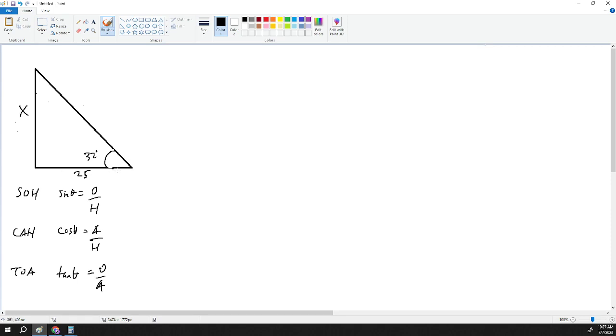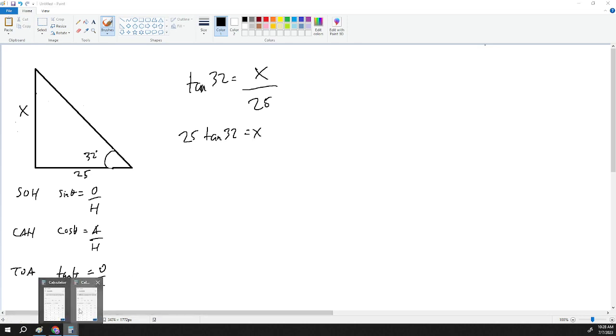So, we use tangent. So, the tangent of 32 is equal to TOA, x, our opposite, over 25, our adjacent. So, we leave x in one side by multiplying both sides by 25. We have 25 tan 32 is equal to x.